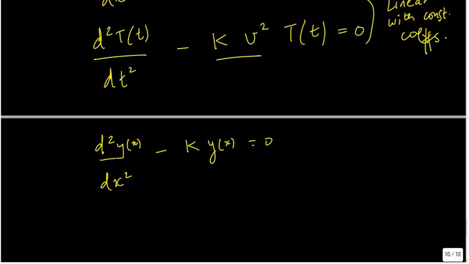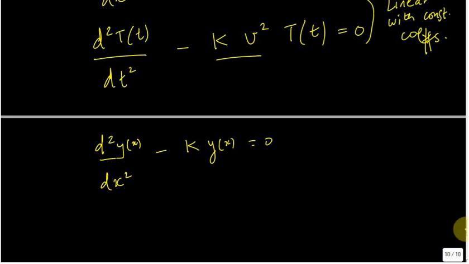So if k is equal to 0, then I don't have any solution. If capital K is equal to 0, then all I get is d squared y by dx square is equal to 0, which doesn't give me any solution. It gives me a straight line ax plus b, which is not a valid solution of the wave.